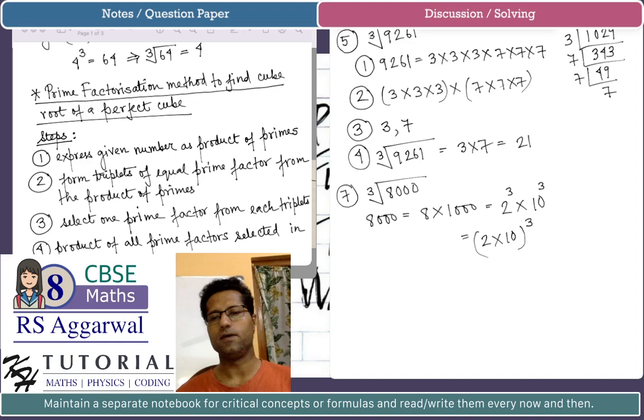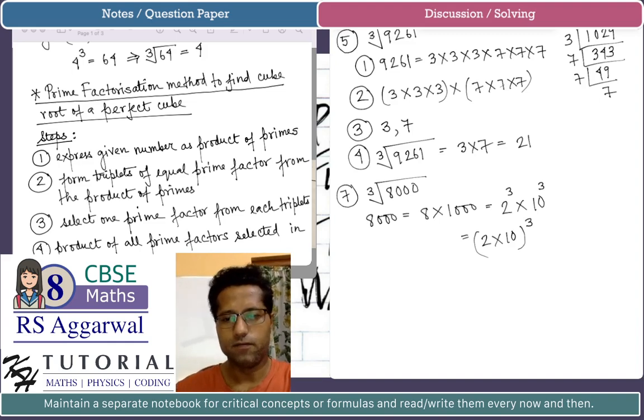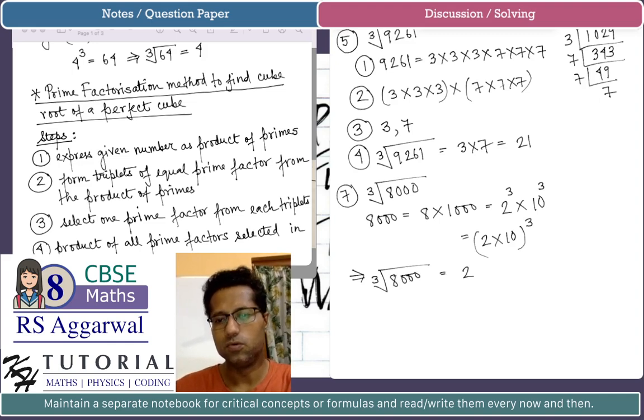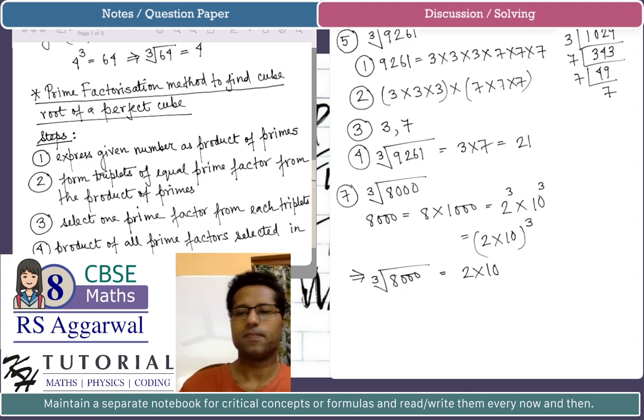Now if the given number 8000 is equal to 2 into 10 whole cube, then obviously we can say that the cube root of 8000 will be equal to 2 into 10.